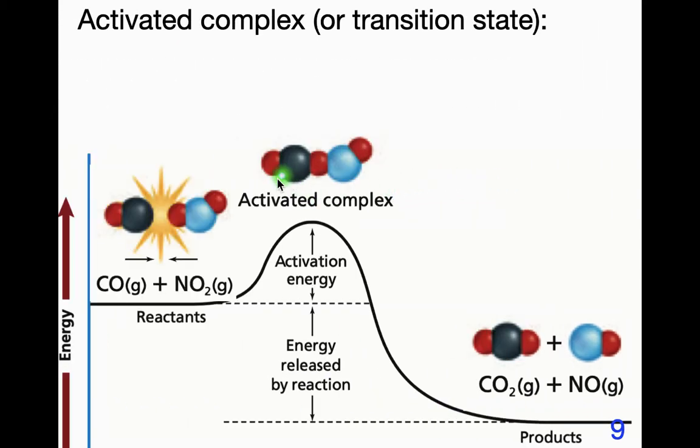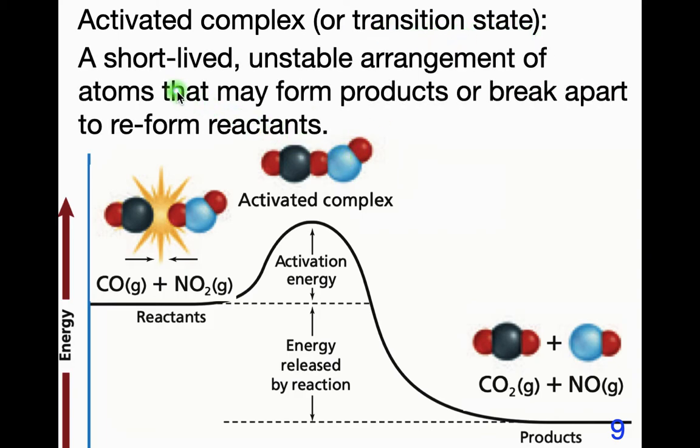So now let's look at activated complex. It's also referred to as a transition state. A short-lived, unstable arrangement of atoms that may form products or break apart to reform reactants. So the activated complex is this here. It's literally the two reactants merged together as one in one brief moment of time.